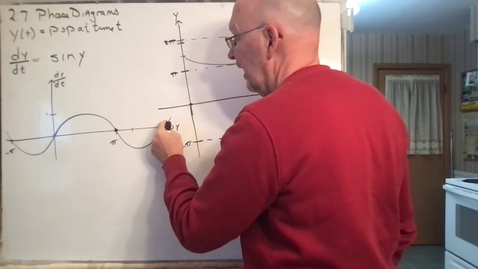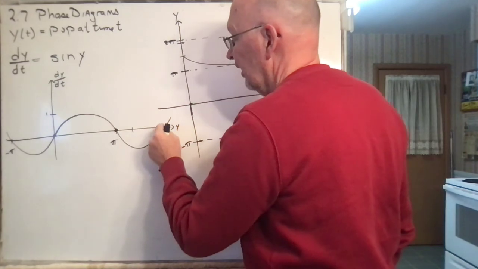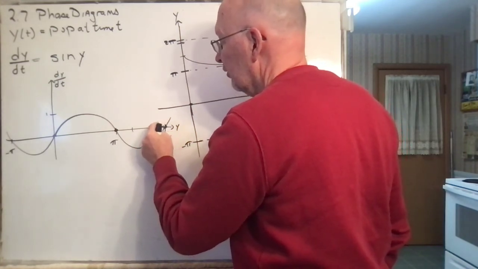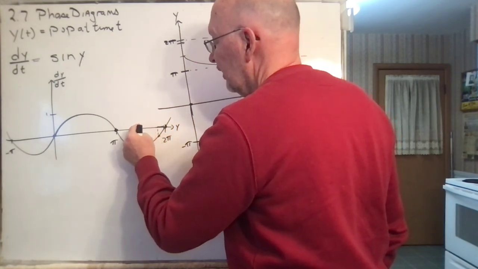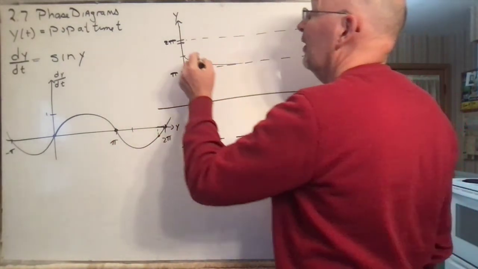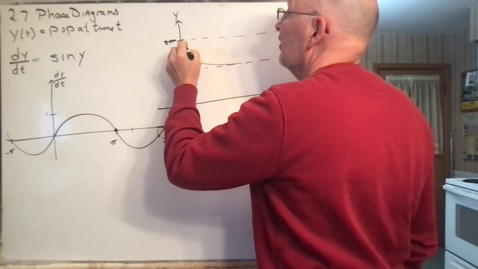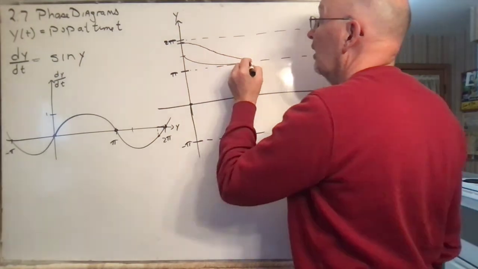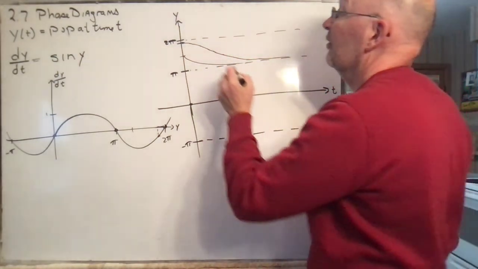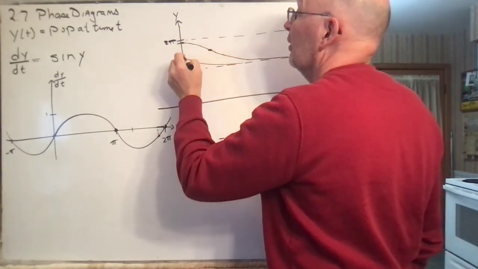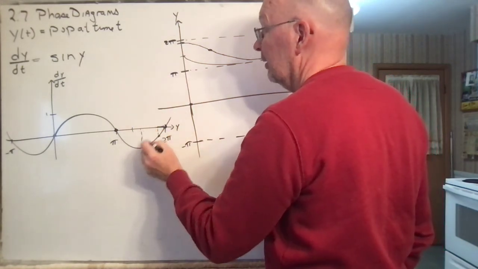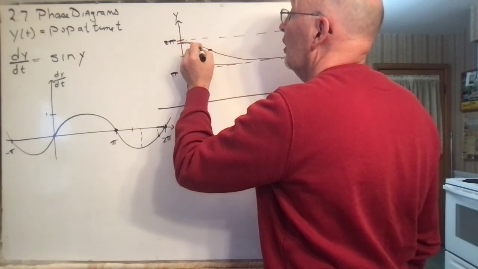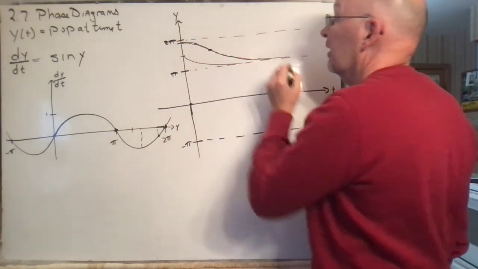It's kind of like an ant walking along here, and as it walks, it looks down to see how fast it should be walking. Here it's walking to the left, going faster and faster, and now it's slowing down. So it starts decreasing slowly, then goes faster and faster, and then slows down again. There's an inflection point right about there at the midpoint, at 3 pi over 2.